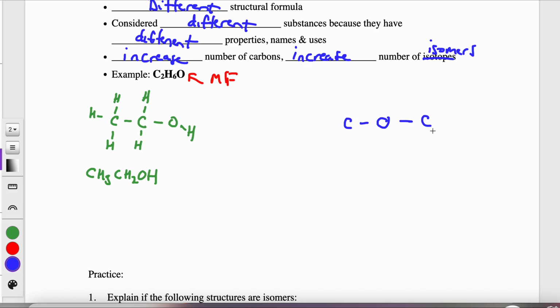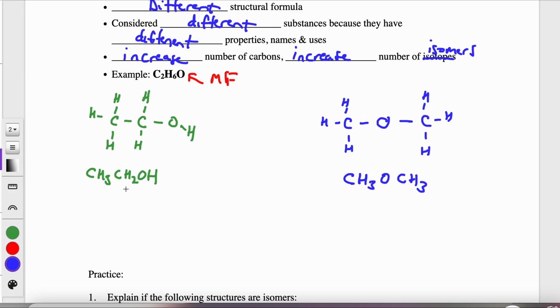Each carbon only has 1 bond, so they each need 3 more, but I have 6 hydrogens. So I'm going to fulfill each carbon's bond need with 3 hydrogens. And when I do the condensed structural formula, I see CH3OCH3.